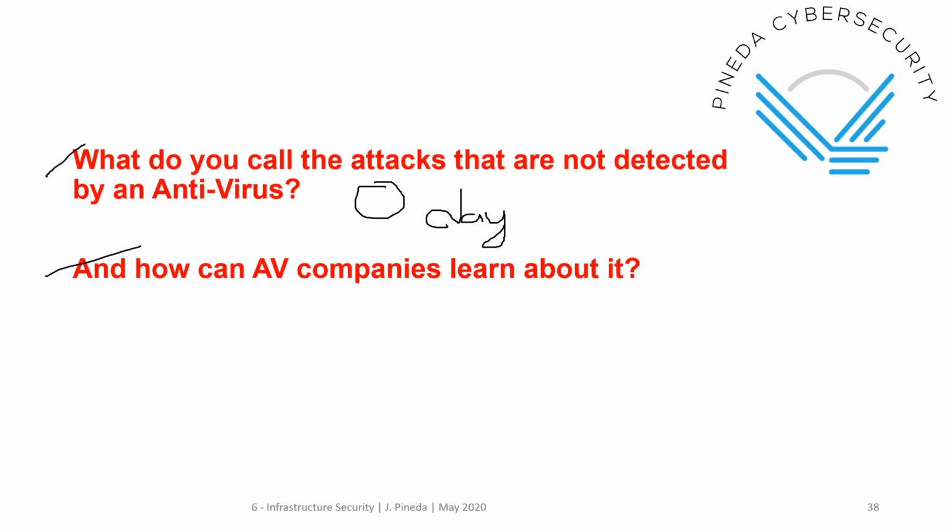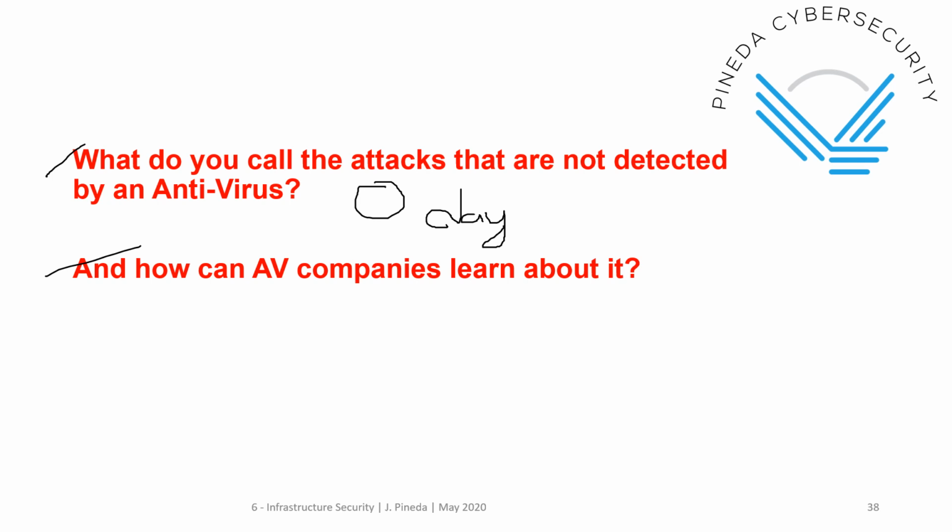So how can AV companies learn about it? There are many ways. It can be through their researchers discovering the zero-day. It can also be through reports by customers about suspicious behavior of their computers.